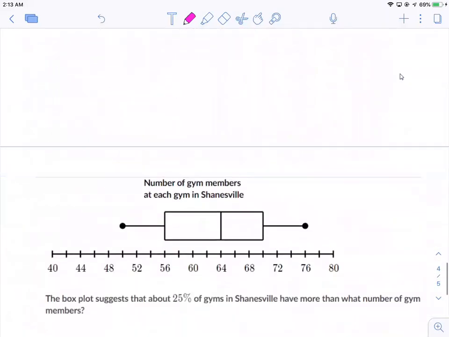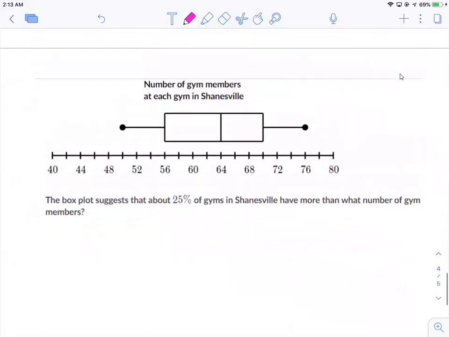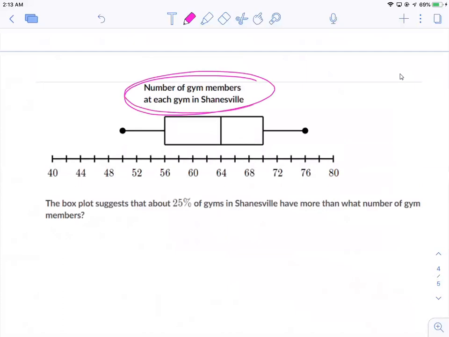Right. And lastly, the box plot suggests that about 25% of gyms in Shanesville have more than what number of gym members? So this is a box plot of the number of gym members at each gym in Shanesville.